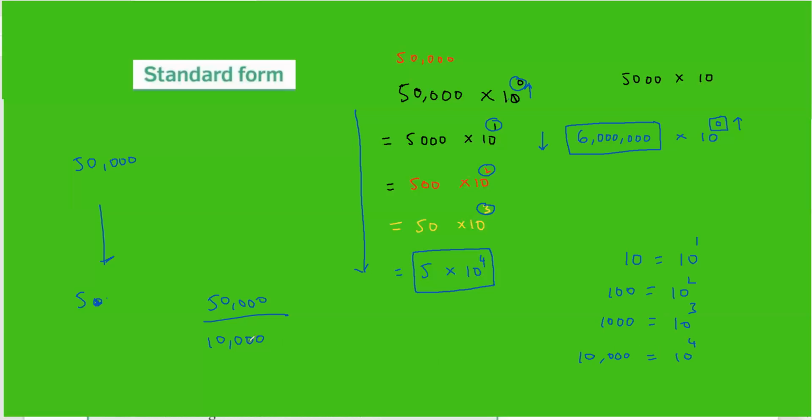So if you have divided this by 10,000, you will have to multiply this by 10,000 as well, so that the value remains the same. So writing 50,000 as 5 means you are dividing it by 10,000 and then multiplying it by 10,000 as well. Both of them mean the same. 50,000 is the same as 5 into 10 raised to power 4.